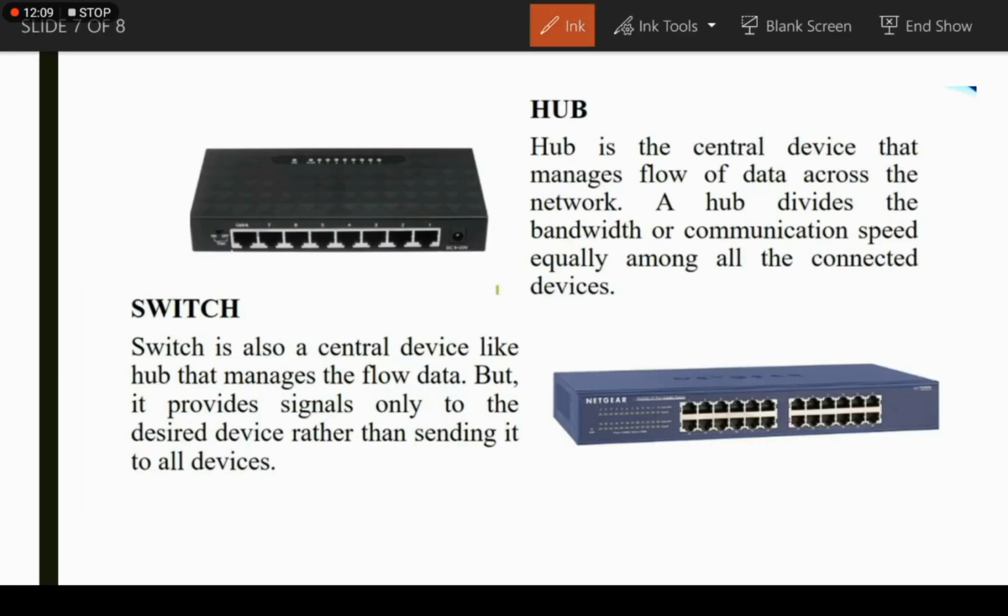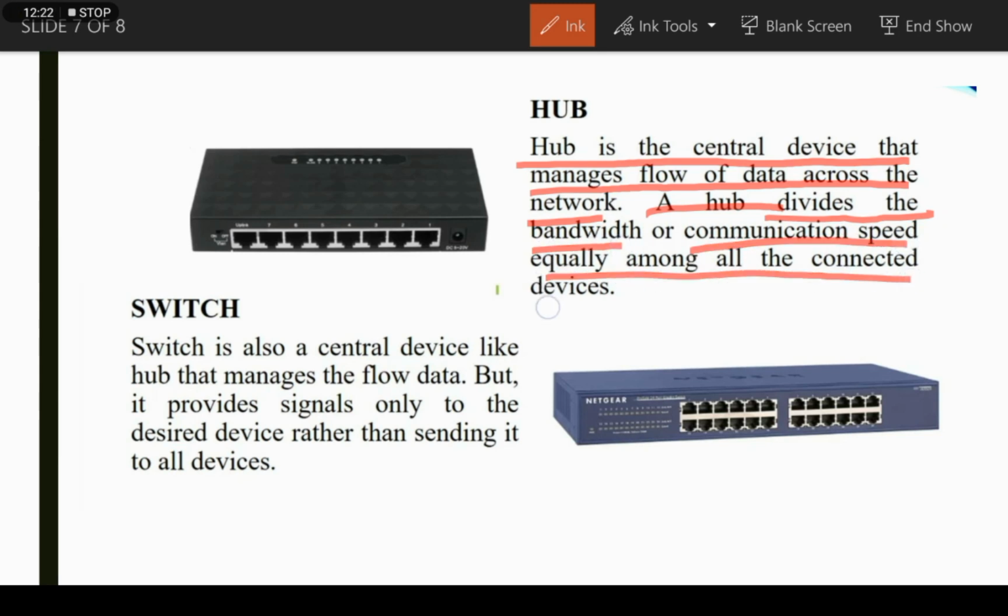So hub and switch both are very important. Hub is the central device that manages flow of data across the network. The hub divides the bandwidth or communication speed equally among all the connecting devices. So hub is basically used in cyber cafes or any organization which needs many different computers in a connection.